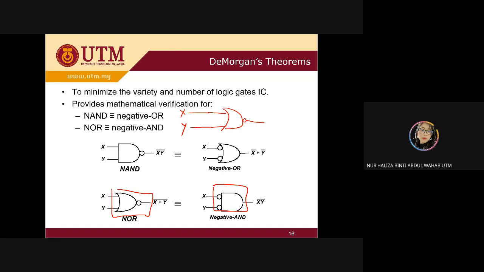You get the answer X plus Y bar. Input yang sama, the similar input. You're going to go to your negative AND, and your output is this, which is this and this is similar, same.